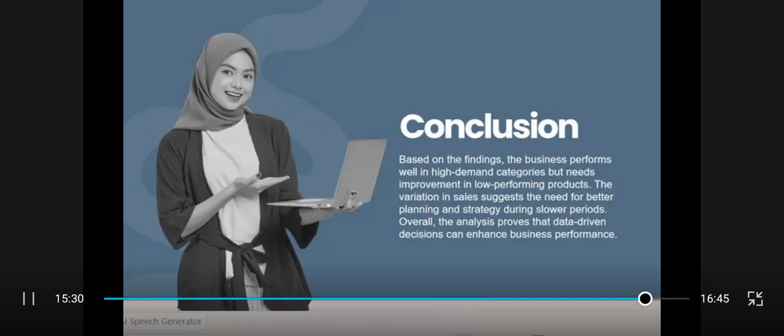So, as you can see, the conclusion says that the business sells well in popular categories but has inconsistent sales and weak performance for some items. It also shows that using sales data can help the business make better plans and improve overall performance.